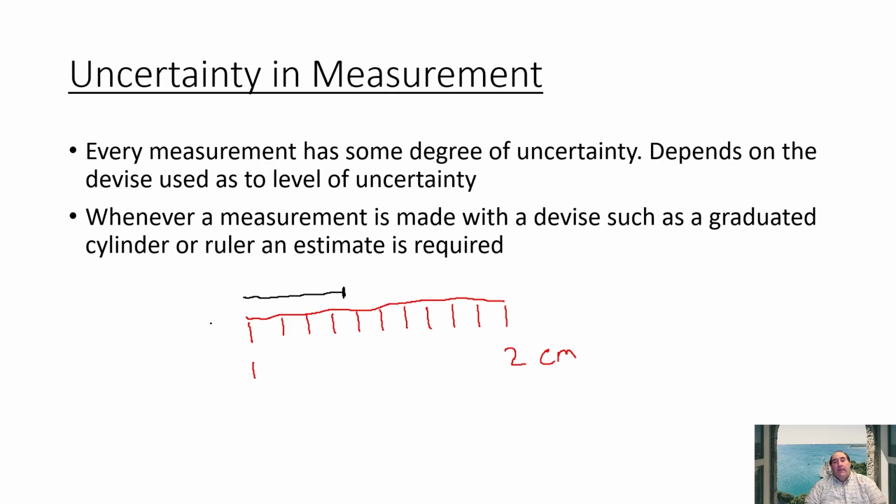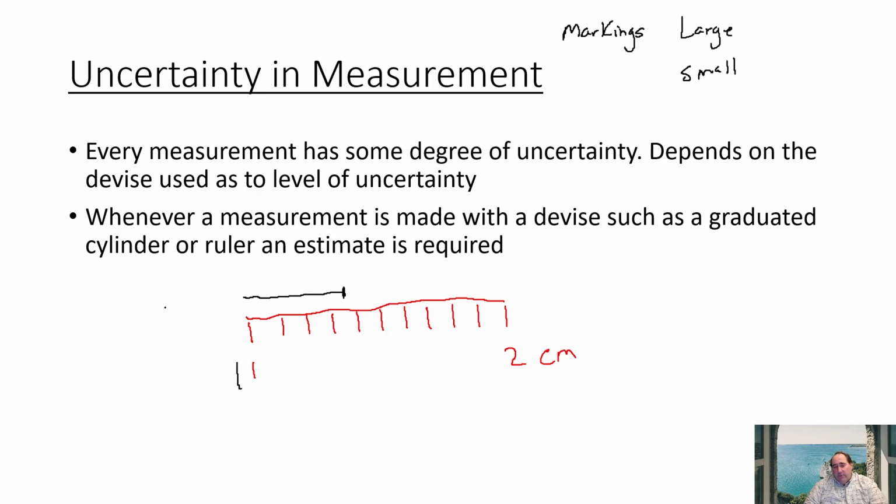Now, when we look at a measuring device, say a ruler, graduated cylinder, any piece of equipment that you're going to use that has markings on it, there's usually two types of markings that you see. There's the large marking and what is sometimes referred to as the small marking.